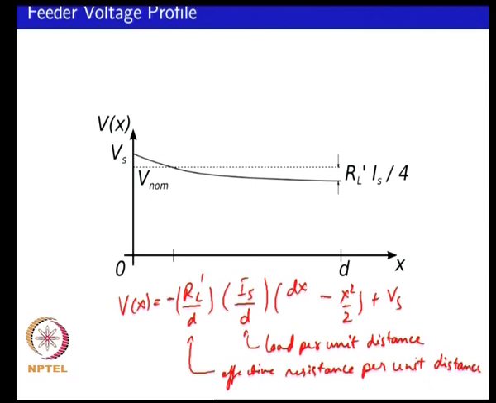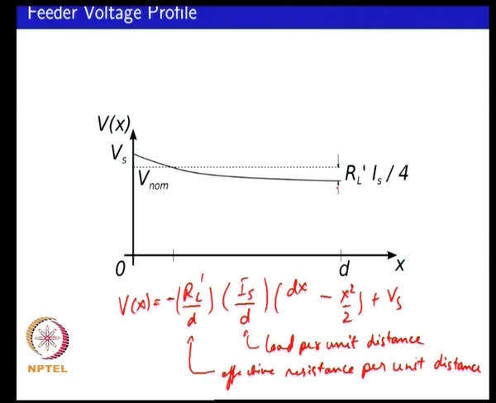And essentially the objective then is that if you have a profile along the length of the feeder which is parabolic, you want to fit this particular profile to be equal around a nominal value.